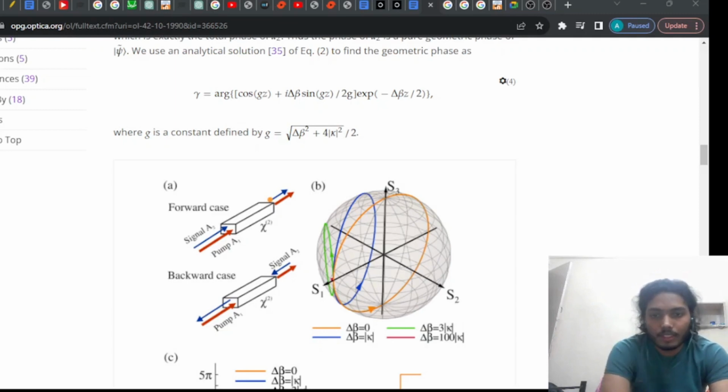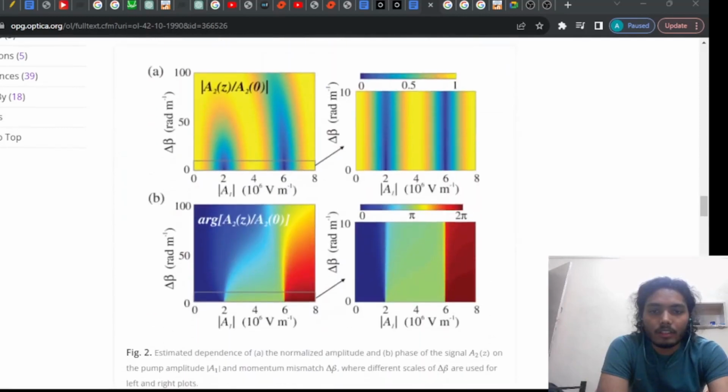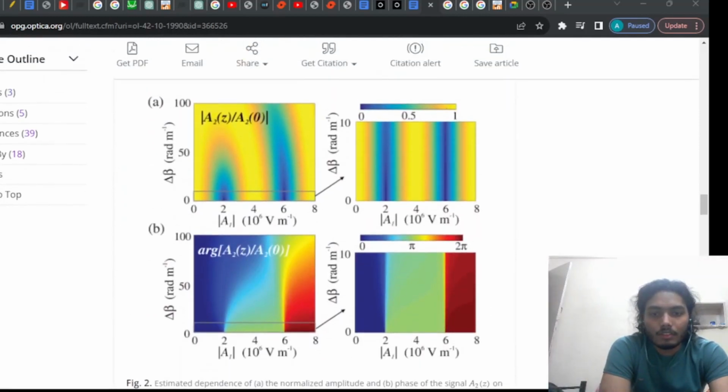But in the backward case, since delta beta need not be zero, because we are changing the sign of beta, delta beta is no more zero. So we are falling in this region where delta beta is large.